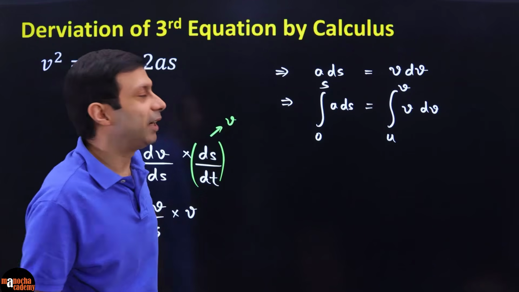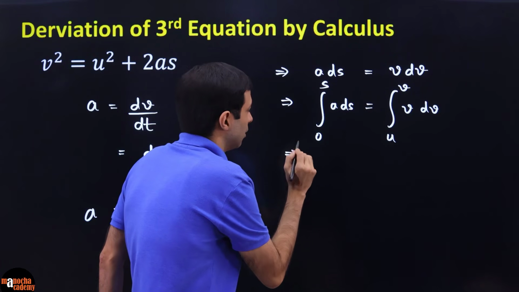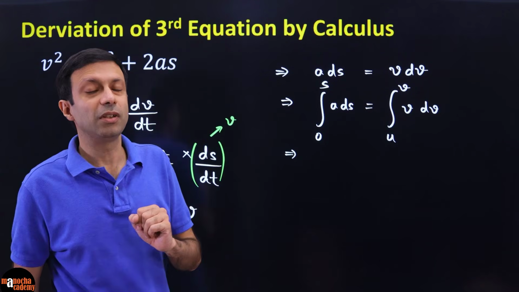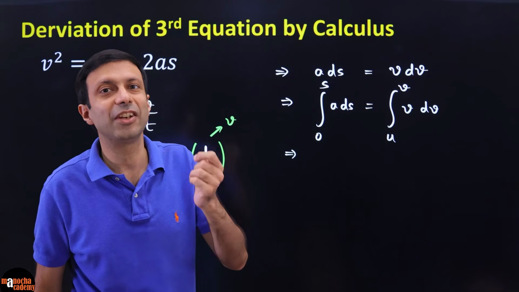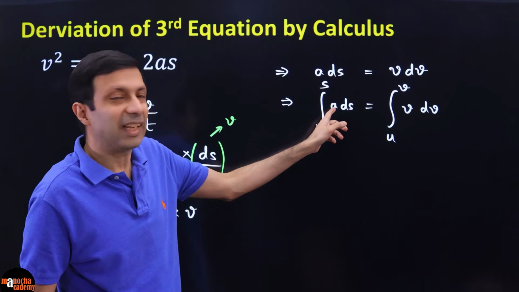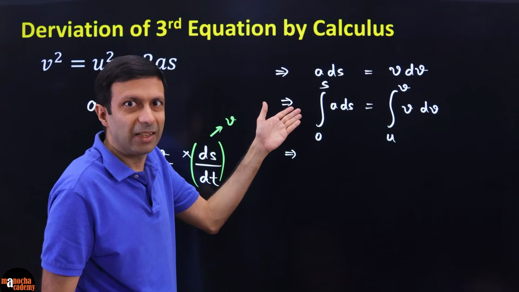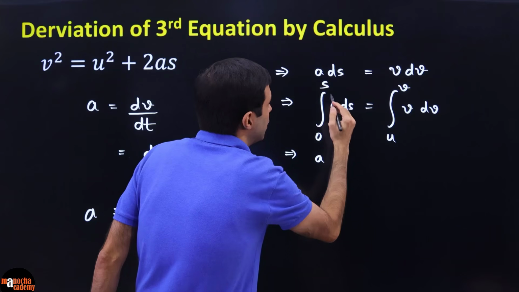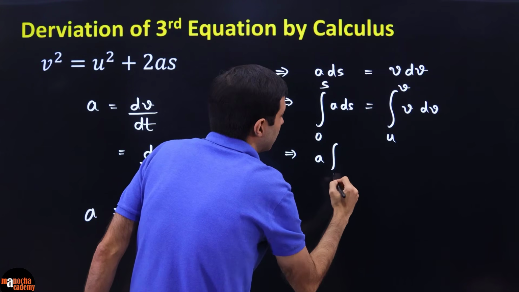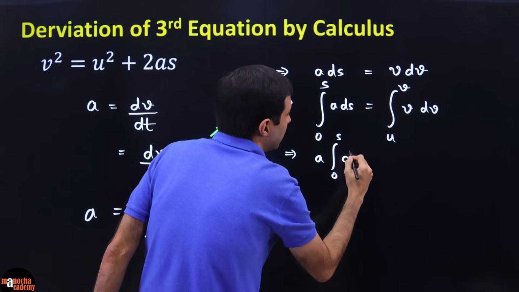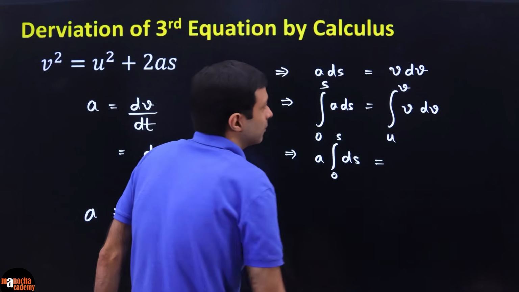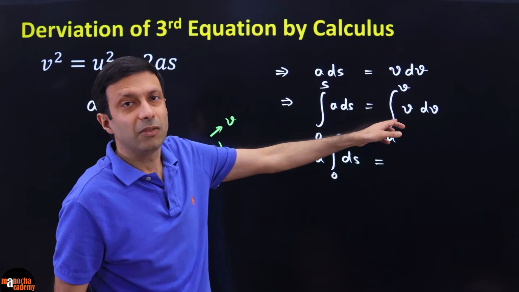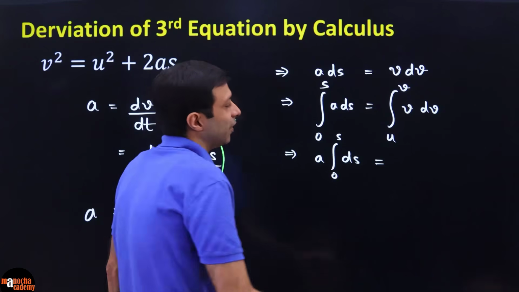Now go ahead and do the integration. For these equations of motion, you know the important thing is that acceleration is constant. So since a is constant, we can bring it outside the integration. So what will this become? a and the integration of simply ds. Here we have the integration of v dv.